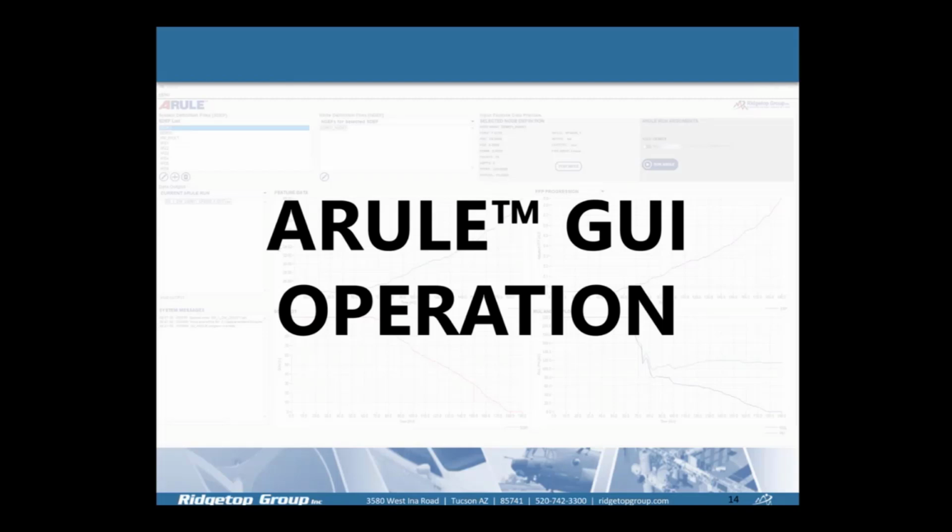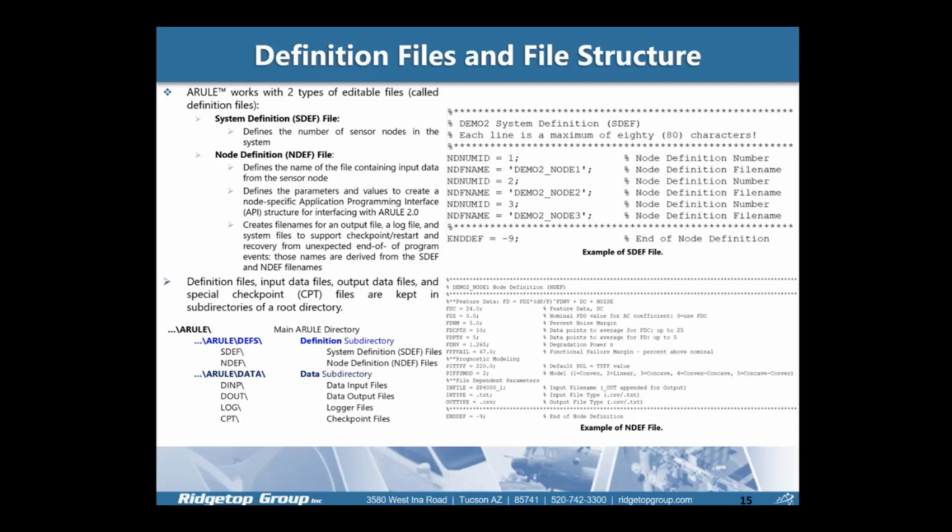So ARULE basically works with two types of editable files that we call definition files. There's a system definition file and a node definition file. The system definition file basically defines the number of sensor nodes that you're trying to monitor in the system, and the node definition file defines the name of the file that contains the input data from those nodes you're trying to monitor.